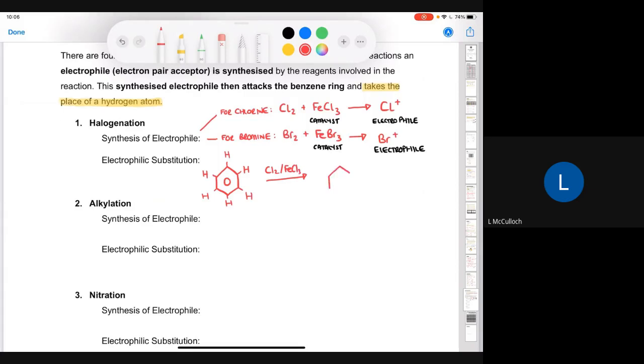And you will substitute any hydrogen. There's no rule as to which hydrogen gets substituted. You can literally substitute any hydrogen that you like. So I'm just going to do that one there, like so. Okay, so that's our halogenation, either with chlorine or with bromine.